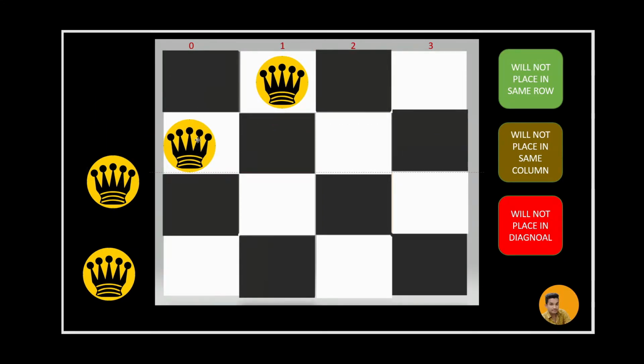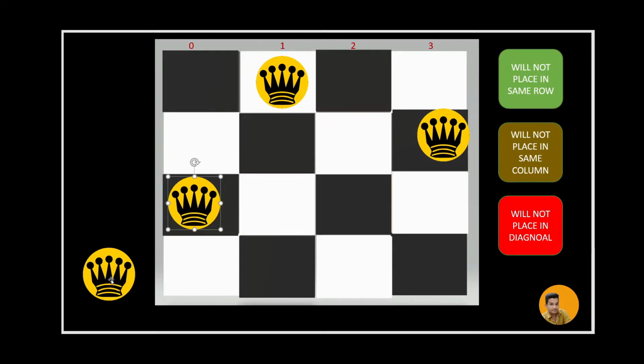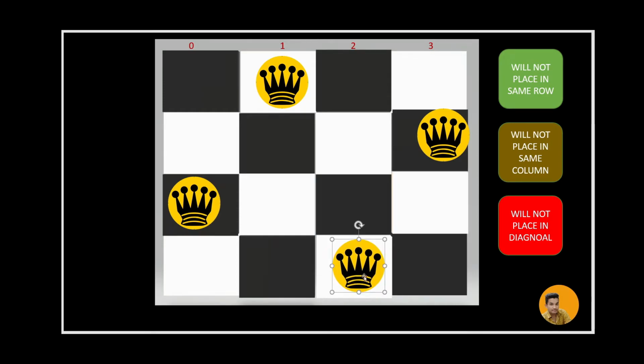Now can I keep this here? No. Yeah, you can keep this here. Can I keep this here? Yeah. Can I keep this here? No. Alright, now you have successfully formed one solution, and this is one of the ways to place the queens. And this was done manually. Now in the next slide we will try to build the logic for this.